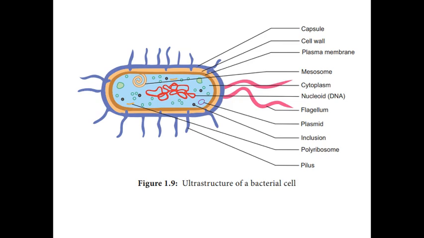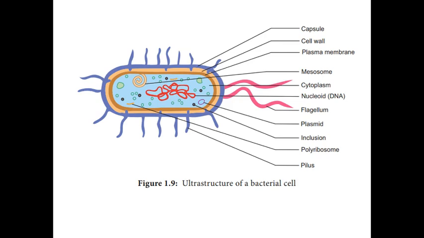Some bacteria, like Agrobacterium rhizogenes, contain a root-inducing plasmid, known as the Ri plasmid, and Agrobacterium tumefaciens contains a specialized plasmid, the tumor-inducing plasmid. So different types of plasmids are found in different bacterial strains.